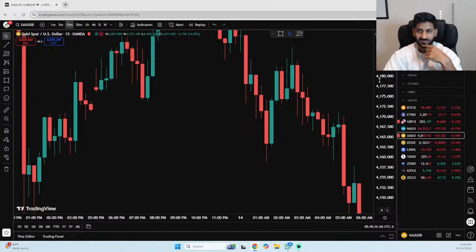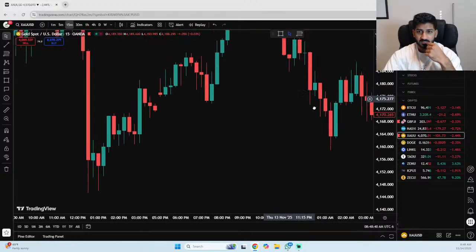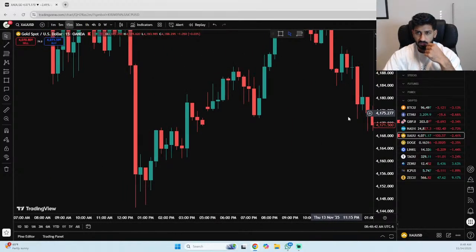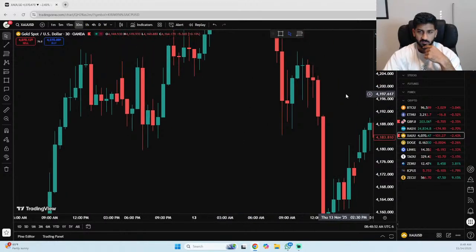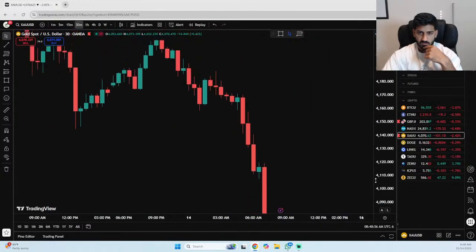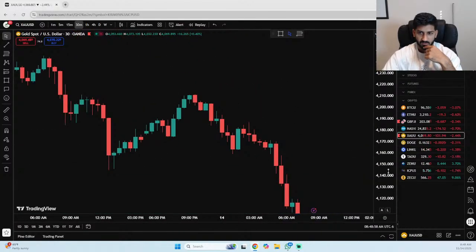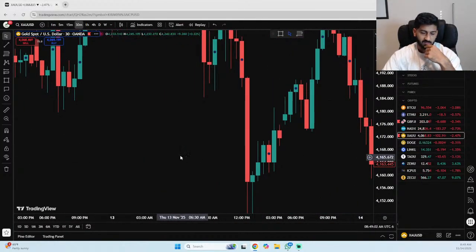Okay, perfect. So this is what I was looking at. On the right hand side, price was breaking below. Let's take a look at a 30-minute time frame. Before it went all the way down, I was looking at something like this on the left hand side.